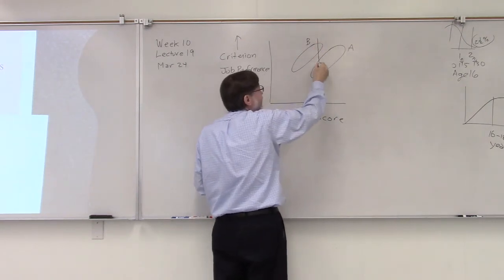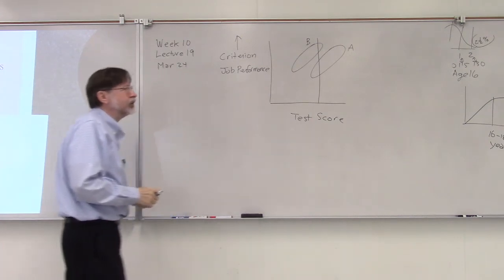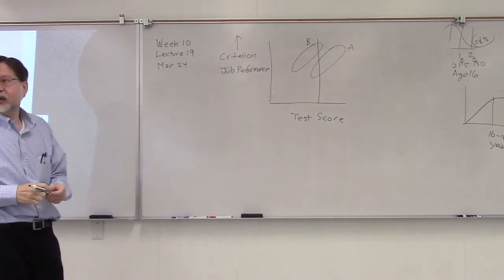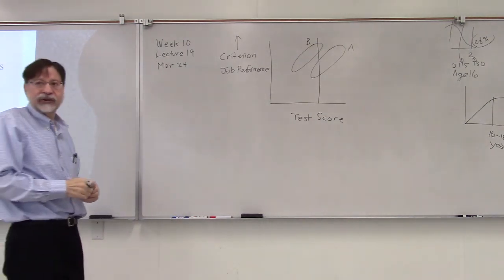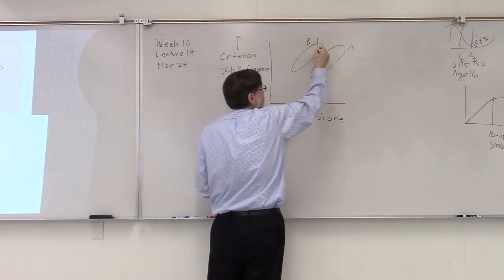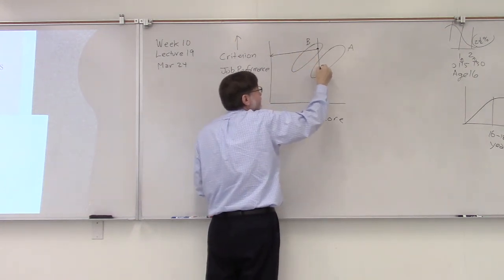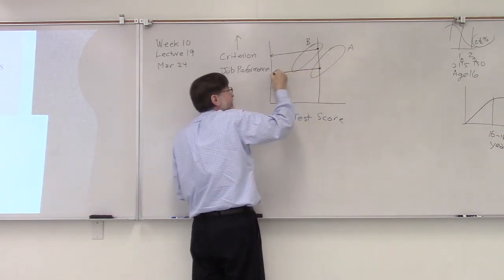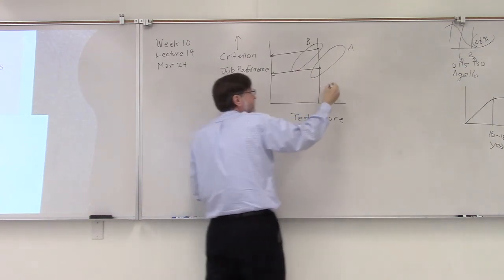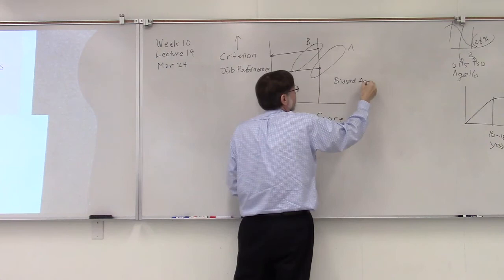For the same test score, do members of one group do better on the criterion than predicted? And in this case, it looks like members of group B do better on the criterion than members of group A for the same test score. So in this case, this one's biased against B.